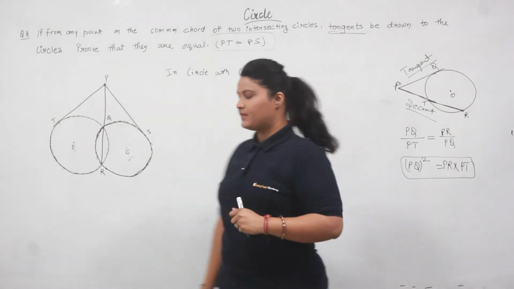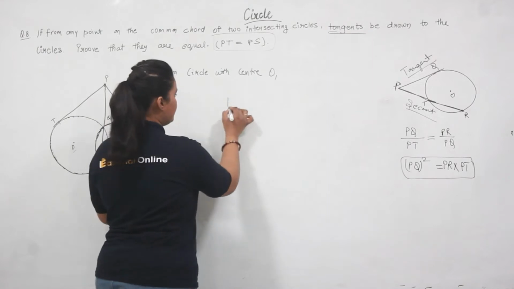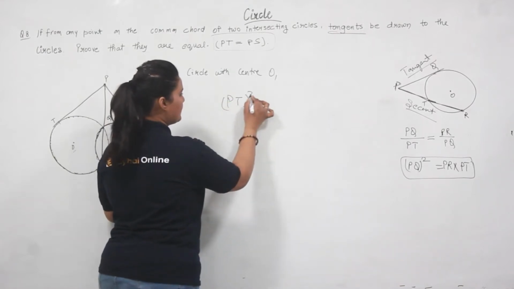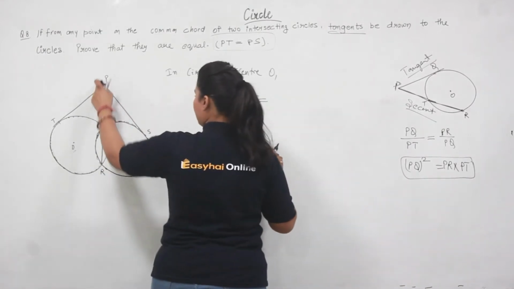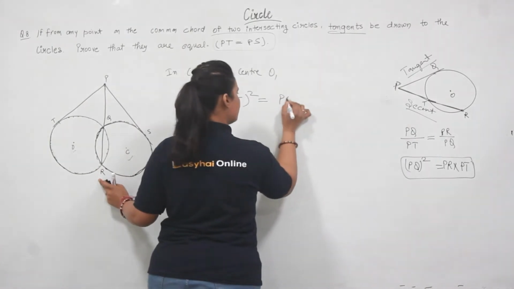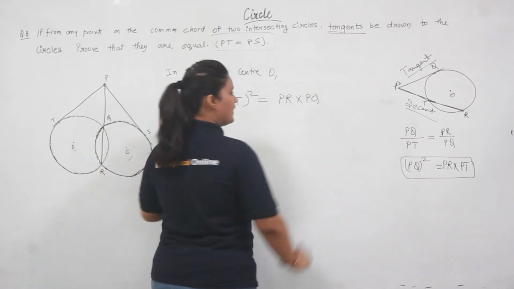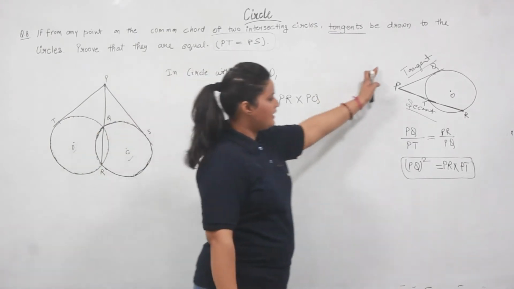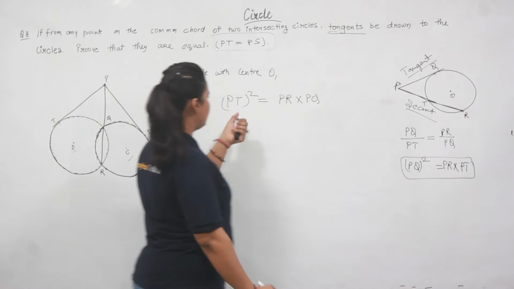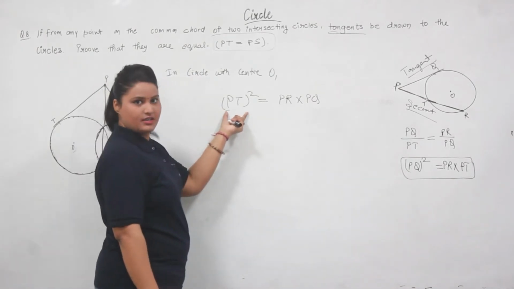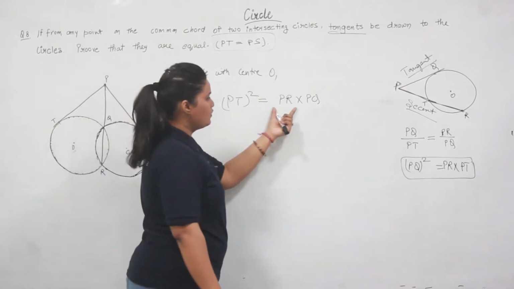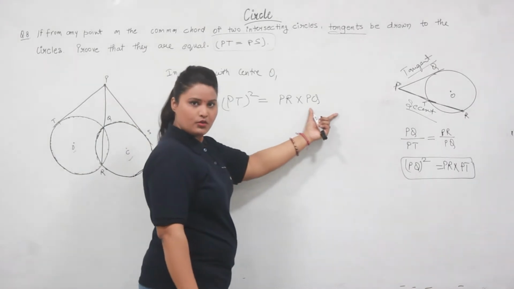It will be PT square is equal to PR into PQ. The length of the tangent square is equal to PR into PQ.